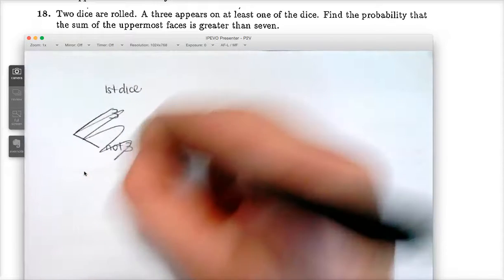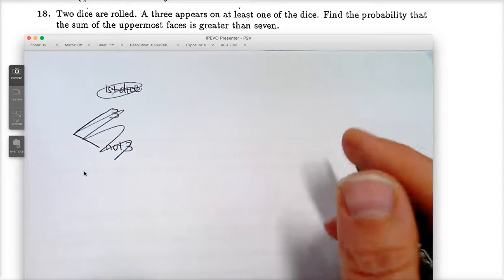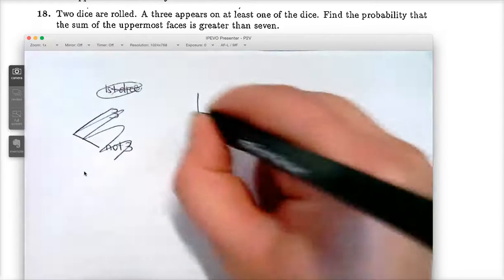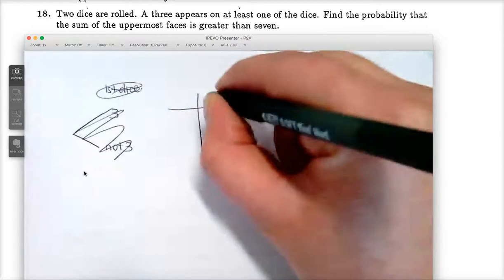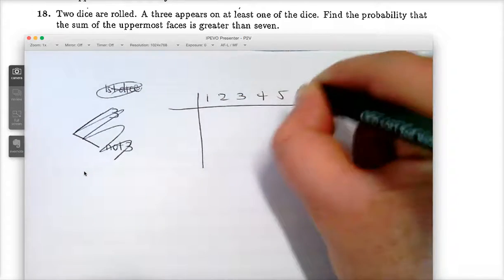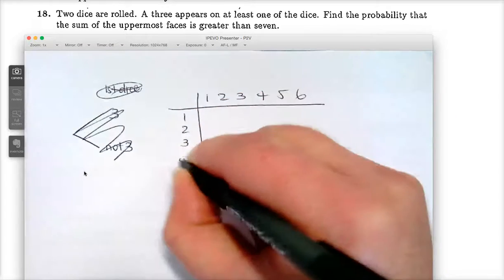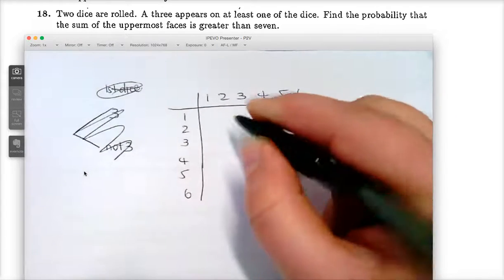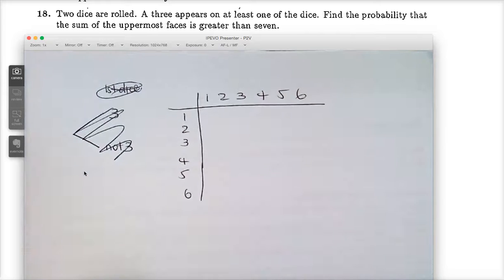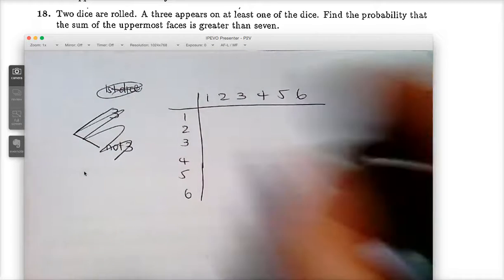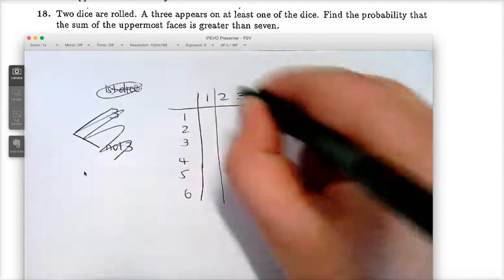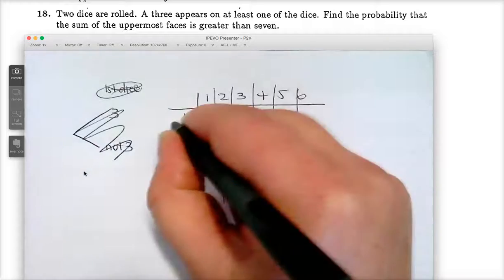Mistake. Start again. Do you want to do a grid? Yeah, I think so. 1, 2, 3, 4, 5, 6. 1, 2, 3, 4, 5, 6. Otherwise, the other thing you could do, girls, is fill in just the ones you want.